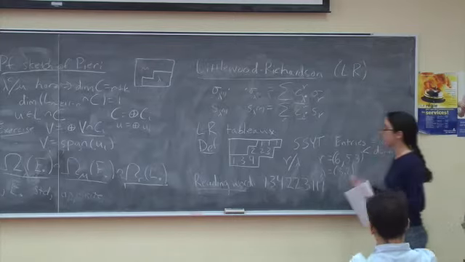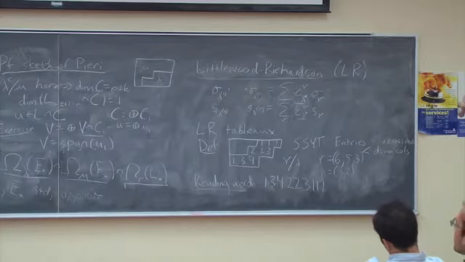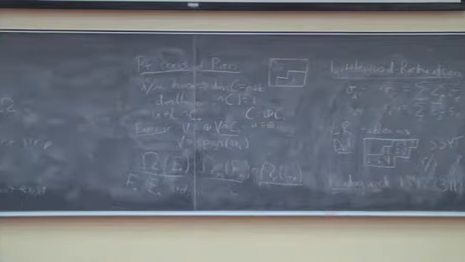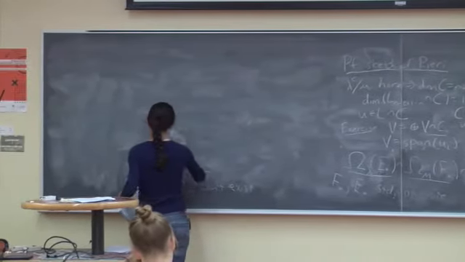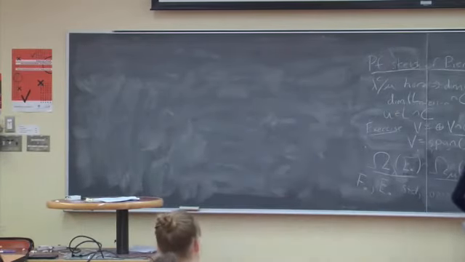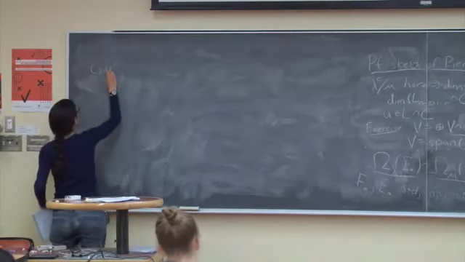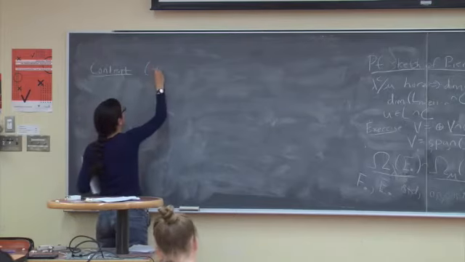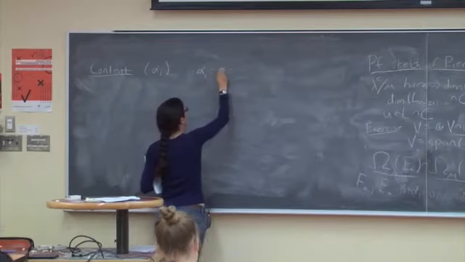Okay, so then we also need the content of a tableau. So the content is just the vector alpha sub i, where alpha i is the number of i's in the tableau.